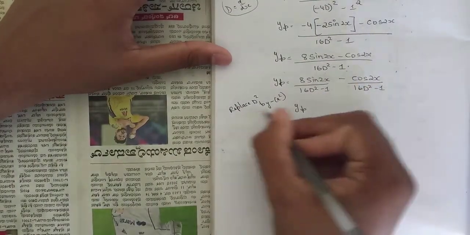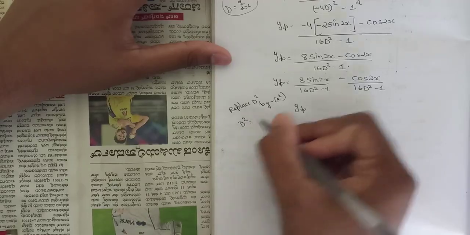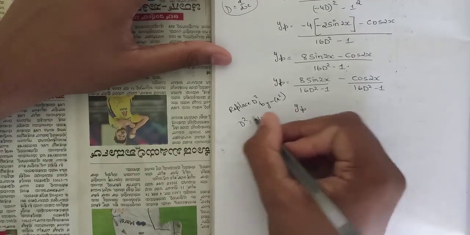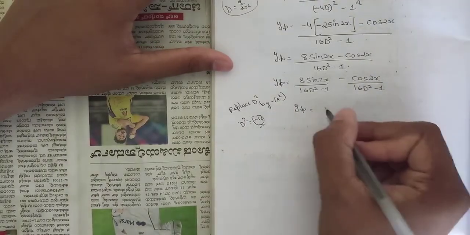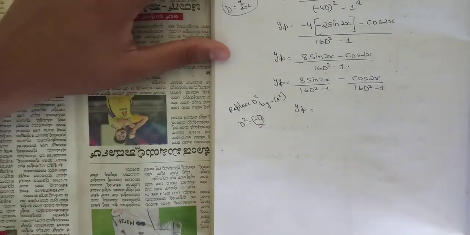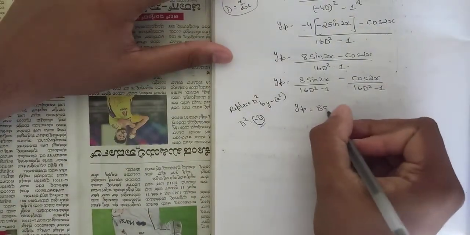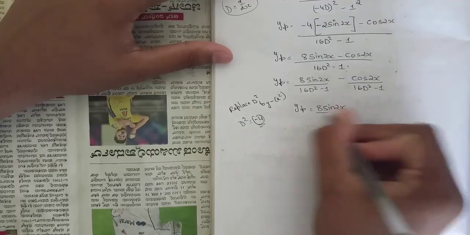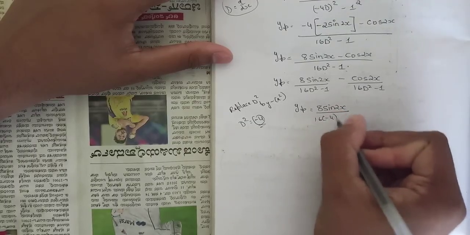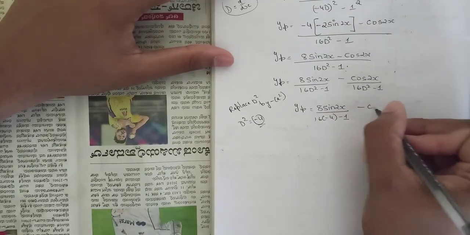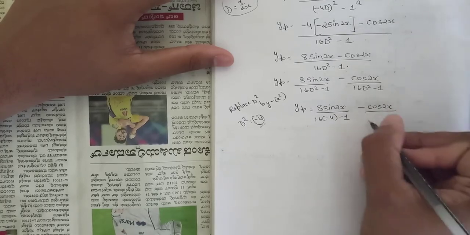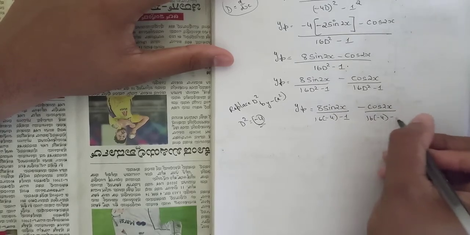So we replace D square by minus 2 square, that is minus 4. So yp would be now 8 sine 2x divided by 16 into minus 4 minus 1, minus cos 2x divided by 16 into again minus 4 minus 1.